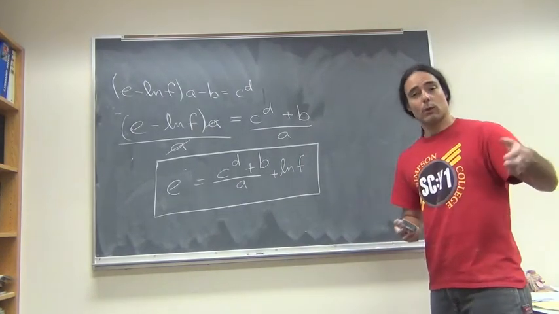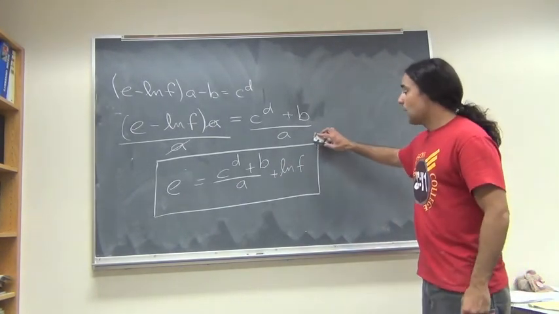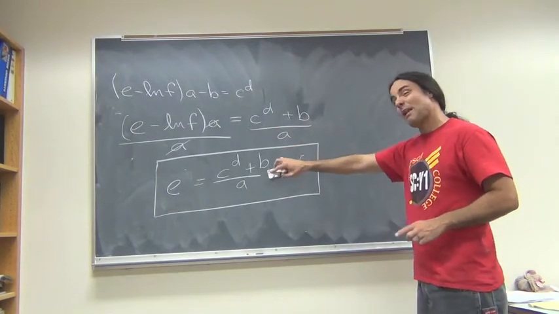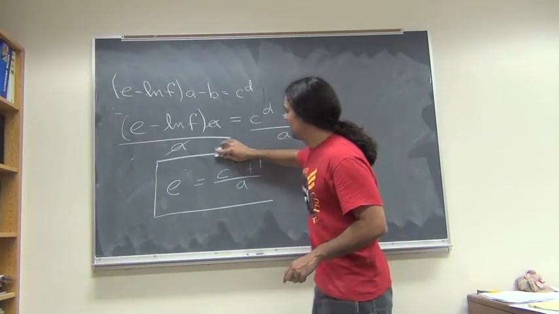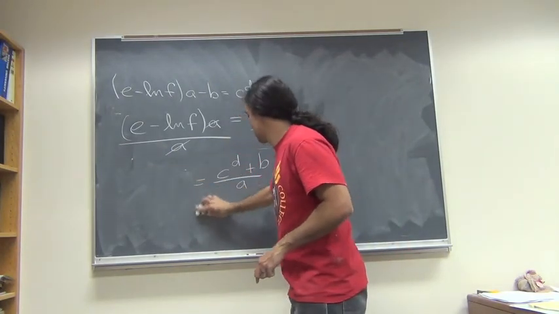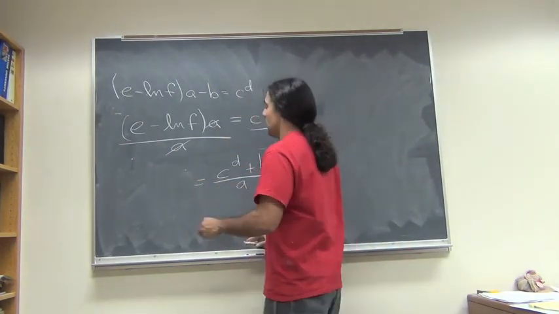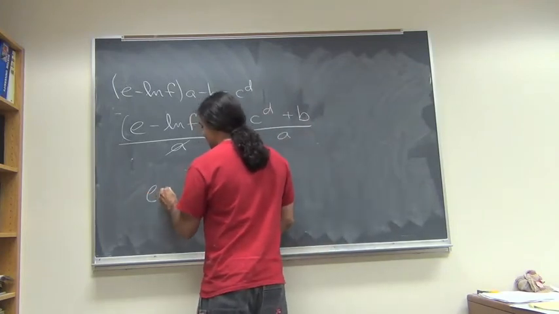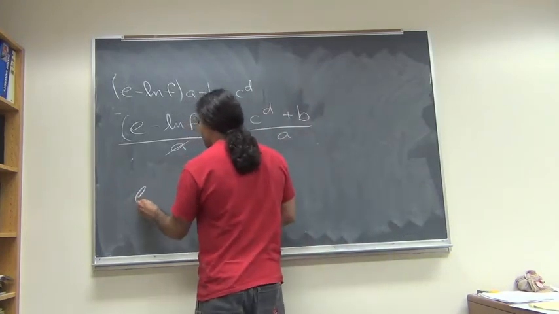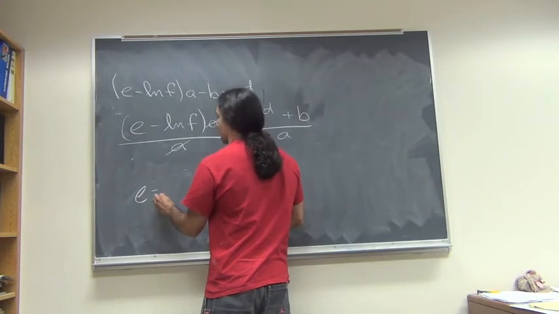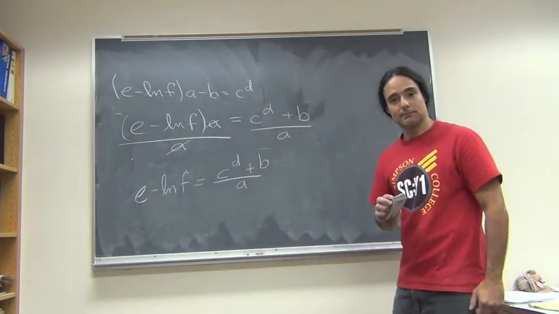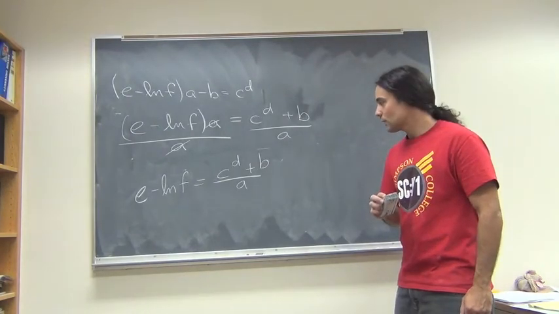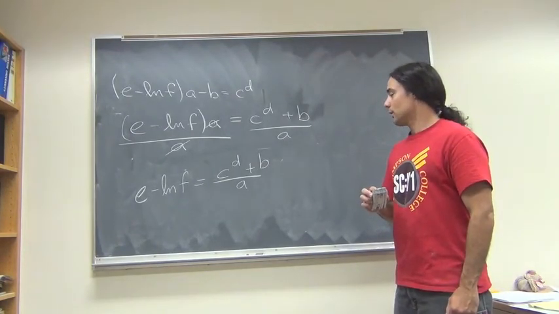Last thing we want to do is solve for f. So I want to go back one step. I want to move my log f back over to the other side. Since I've already done the work to get this by itself, we'll say e minus, oops, put myself in the room, log f equals this stuff on this side. What do I want to do?